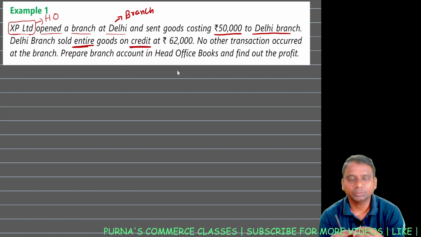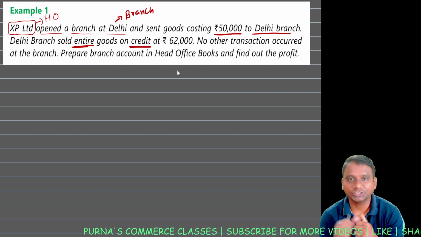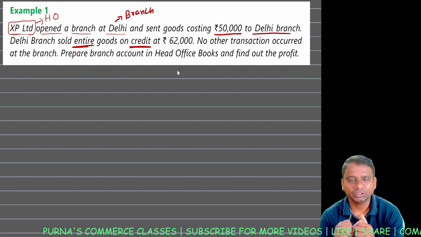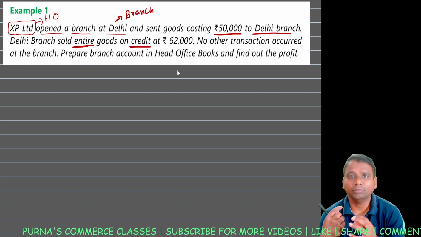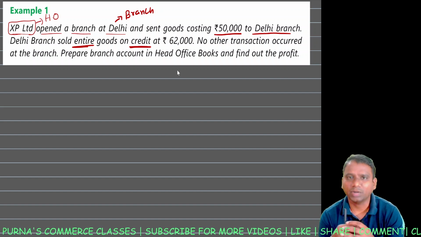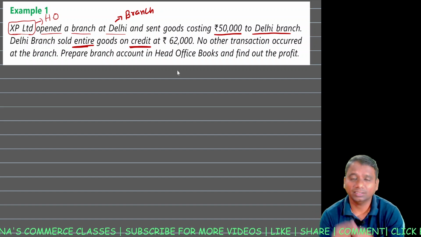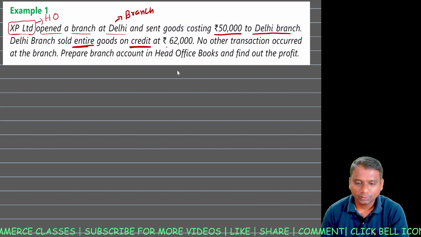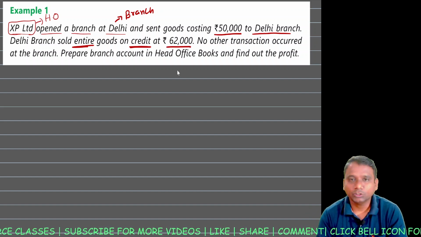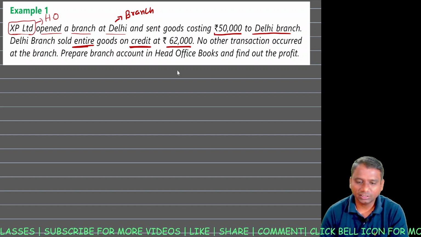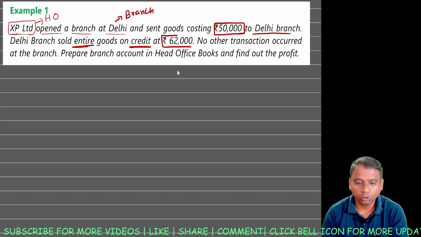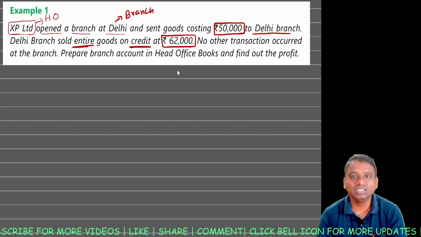Generally, all branches sell goods for cash, but if head office gives powers to the branch to sell goods on credit, then the branch may sell goods on credit, here at 62,000. So we sent goods costing 50,000, and the entire goods were sold by the branch at 62,000.